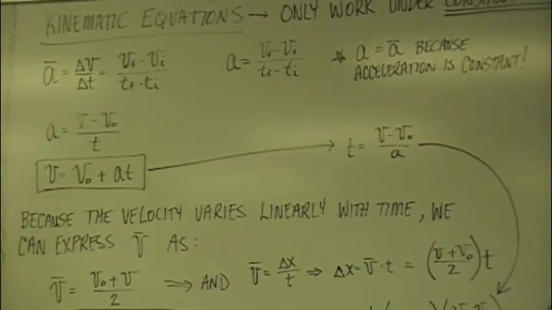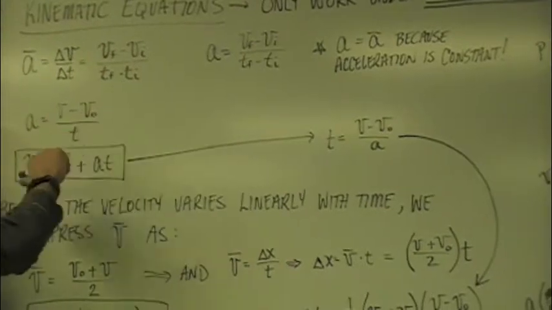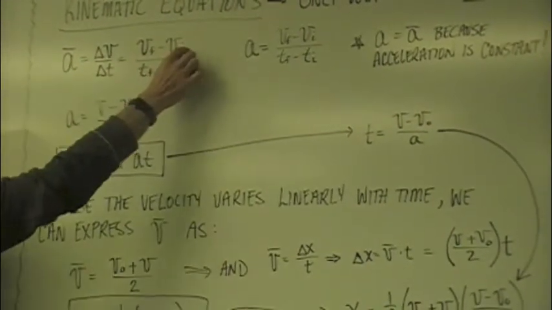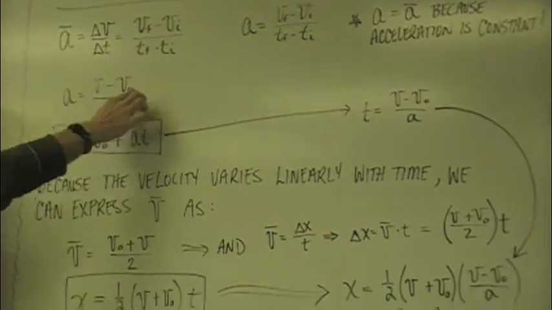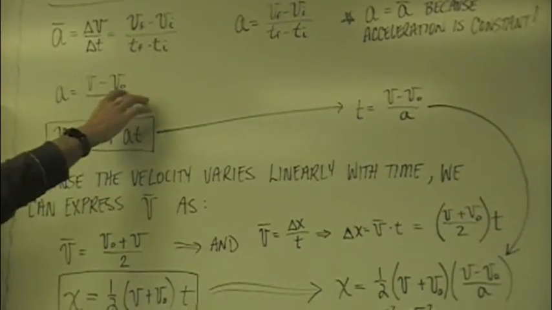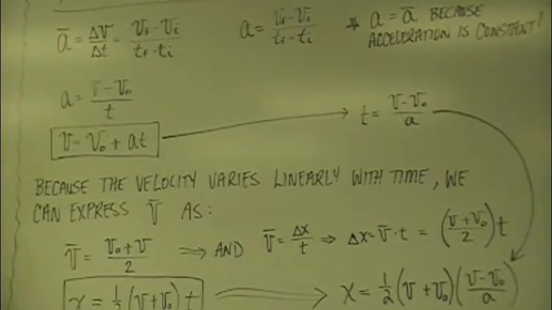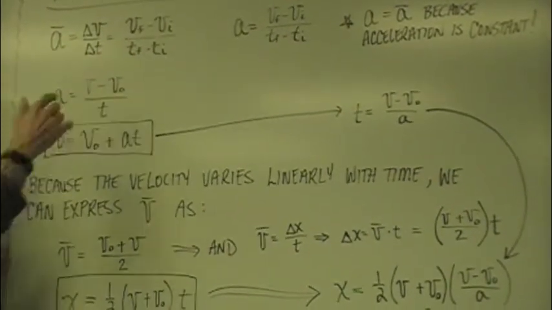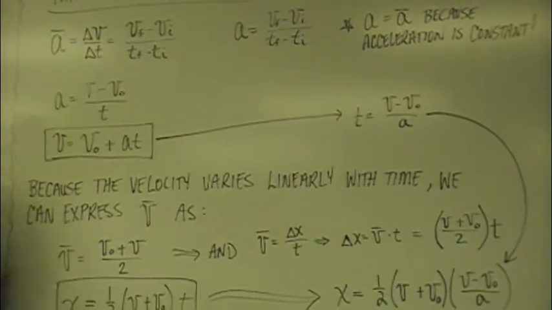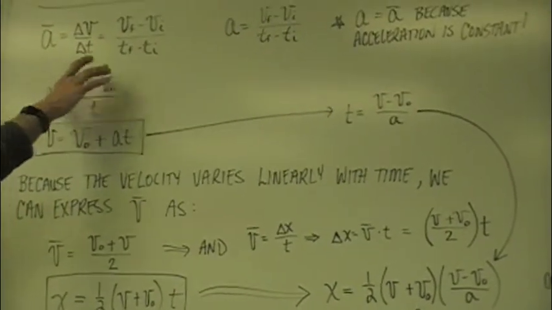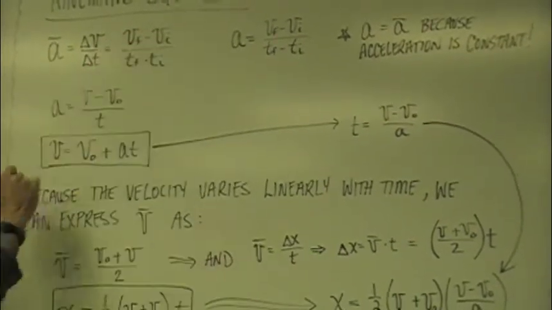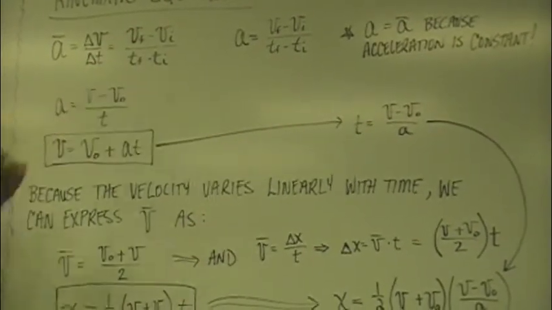Okay? So I can rewrite this, and we can write a whole bunch of things, but in physics, here's what we do. We don't use V initial very often. We use something called V naught. So V naught really means V initial. Everybody cool? And instead of writing V final, we just write V. Okay? So this is just a little bit of nomenclature. Instead of V final minus V initial, we say V minus V naught.